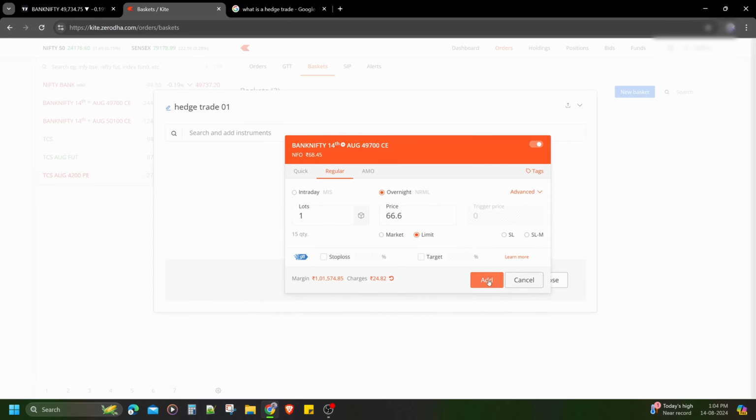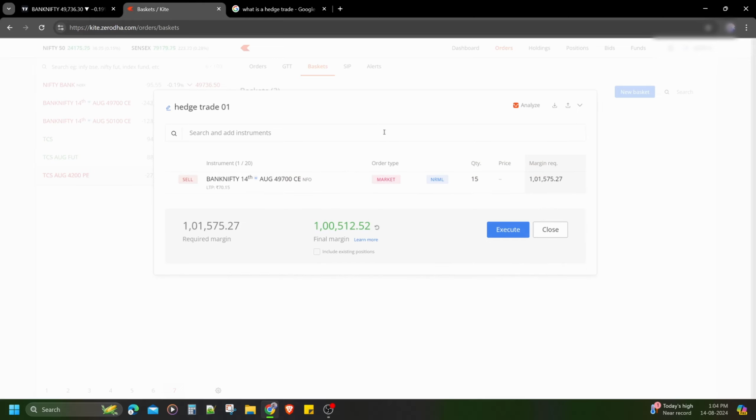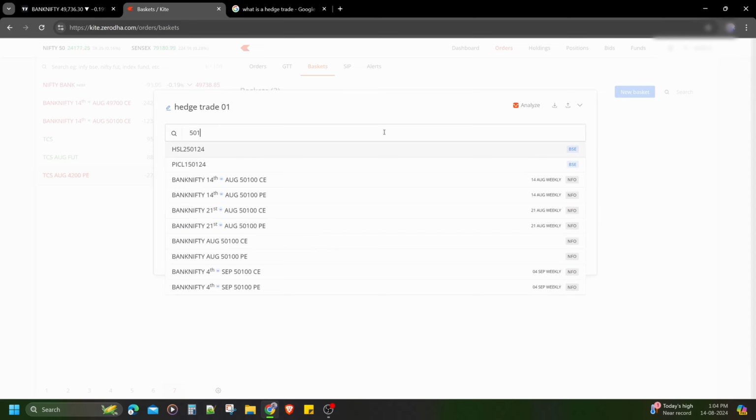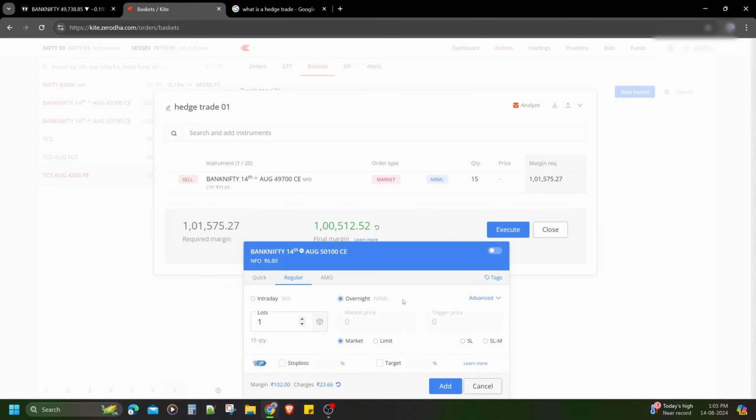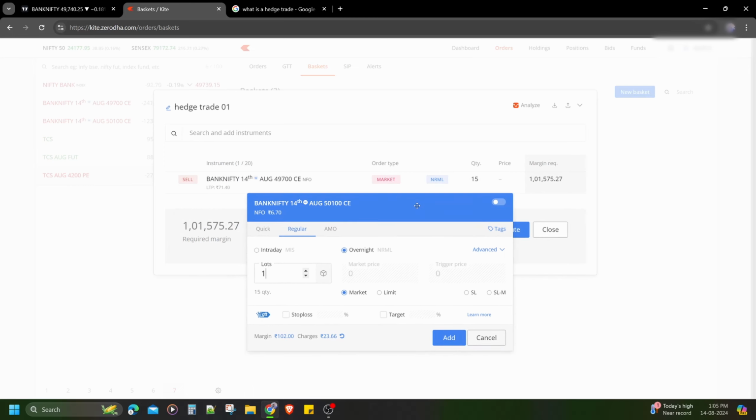I'm adding this to the basket with the market price, and I'm adding the 50,100 call option as well. We have got the 50,100 call option, and this one I'm buying. Earlier the 49,700 I sold, and this one I'm buying, with a market order. If you can see here, it is costing us only 100 rupees, and the charges are coming around 24 rupees.